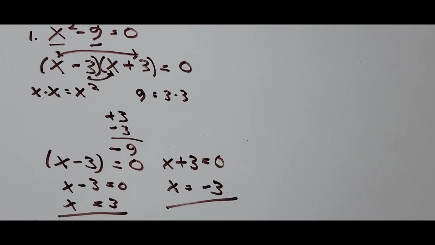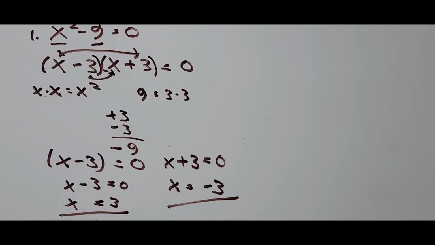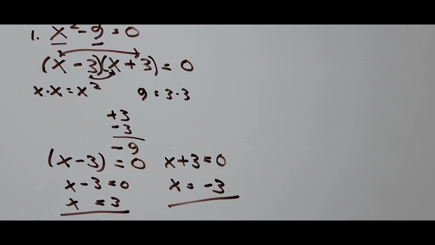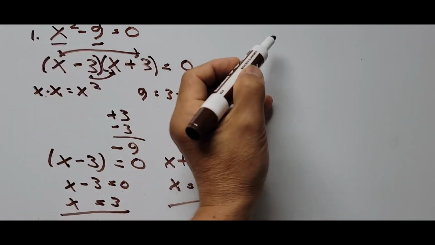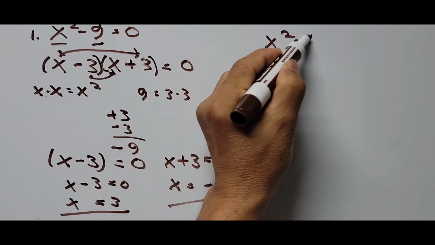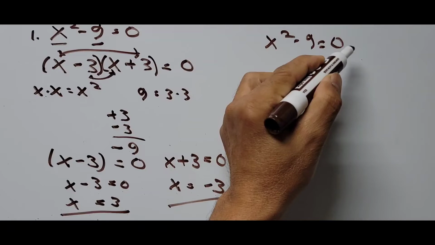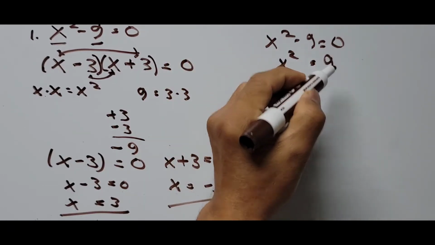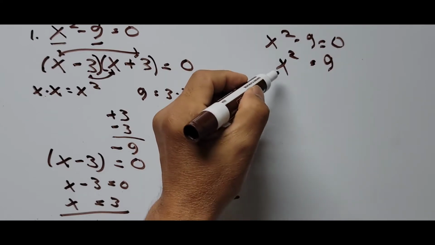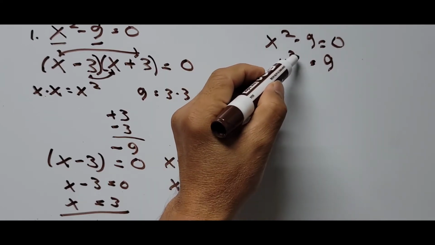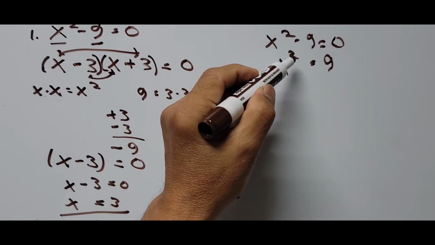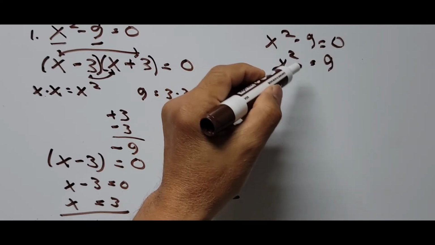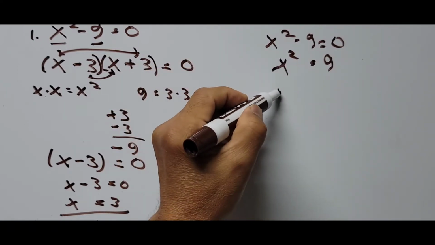But we can also solve this quadratic equation by other means. Since this equation is a two-step equation, all we have to do is, from x squared minus 9 equals 0, transpose 9 to the other side. That becomes x squared equals 9. And getting the value of x, you have a square right there, the second power. To undo the second power, you have to take the square root of that term.